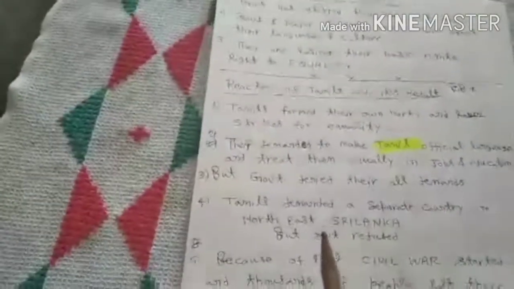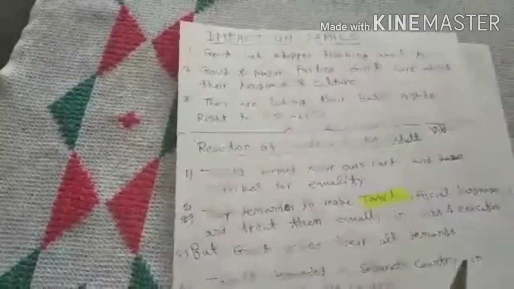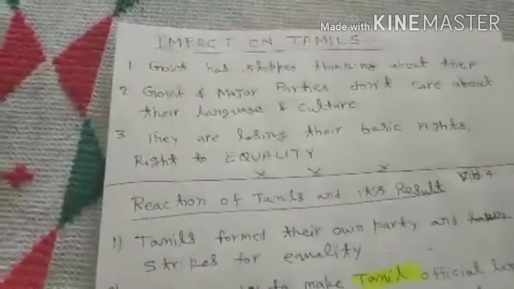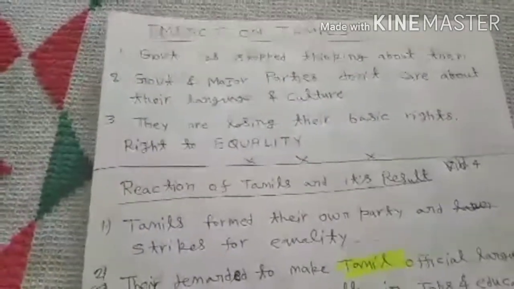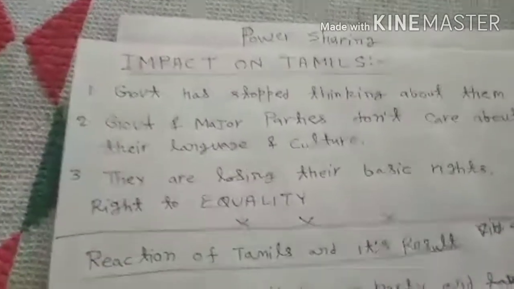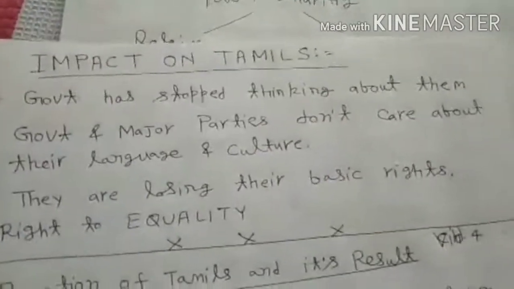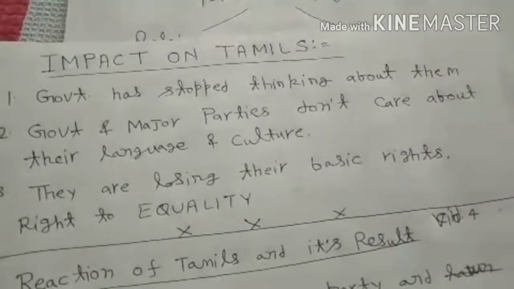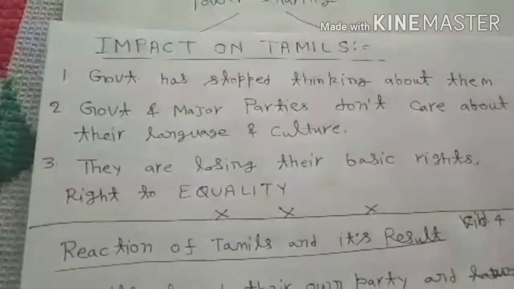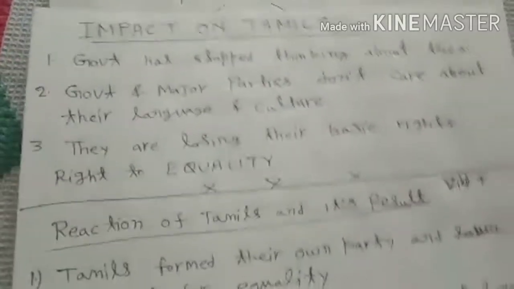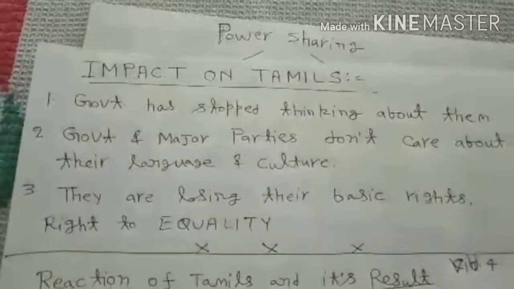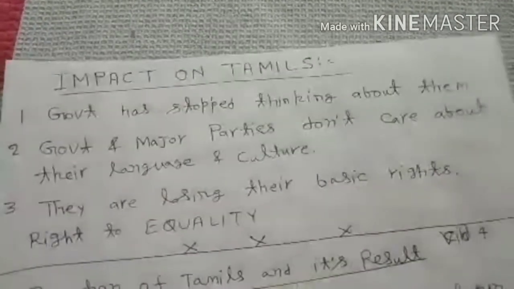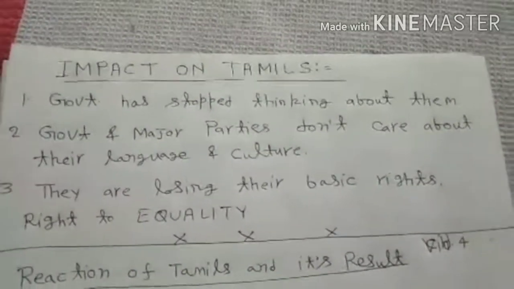So because of this new constitution, the problem arises. What was the impact on the Tamils? First, the government stopped thinking about them. The government and major parties don't care about their language and culture because they were all supporting the Sinhala-speaking people or the Buddhist people.